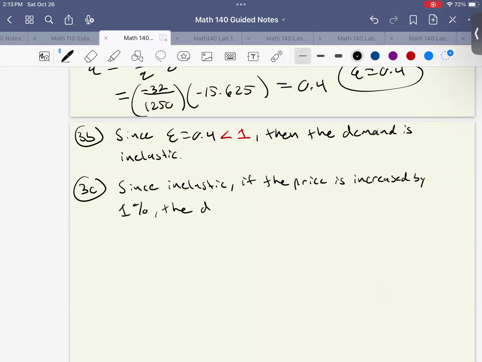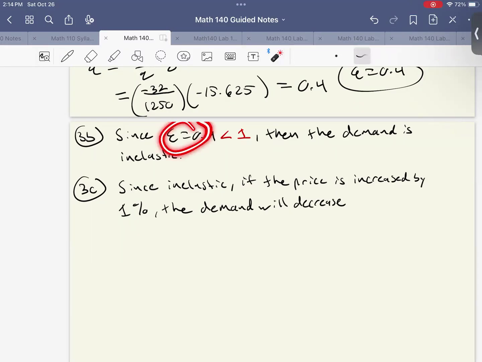That means the demand will decrease by that percentage that we found, or that point elasticity that we found in percentage form. So it will decrease by 0.04%, which is pretty small.